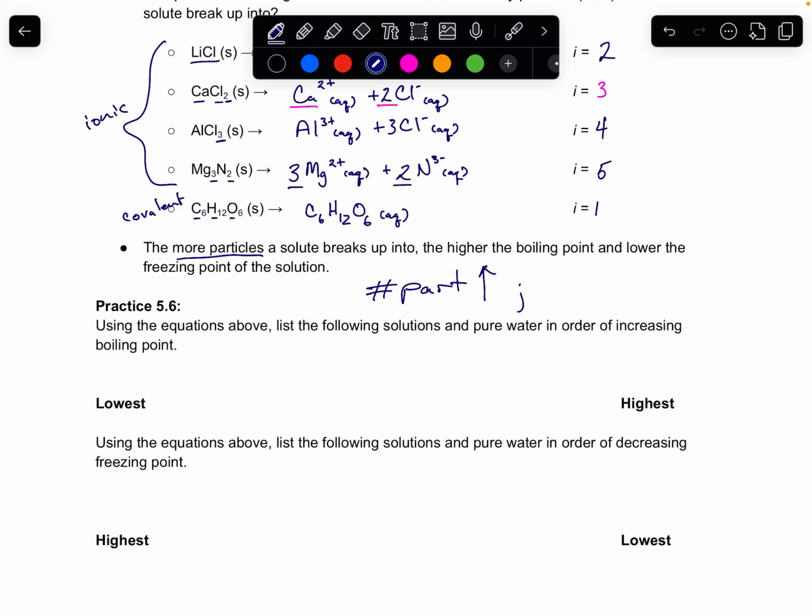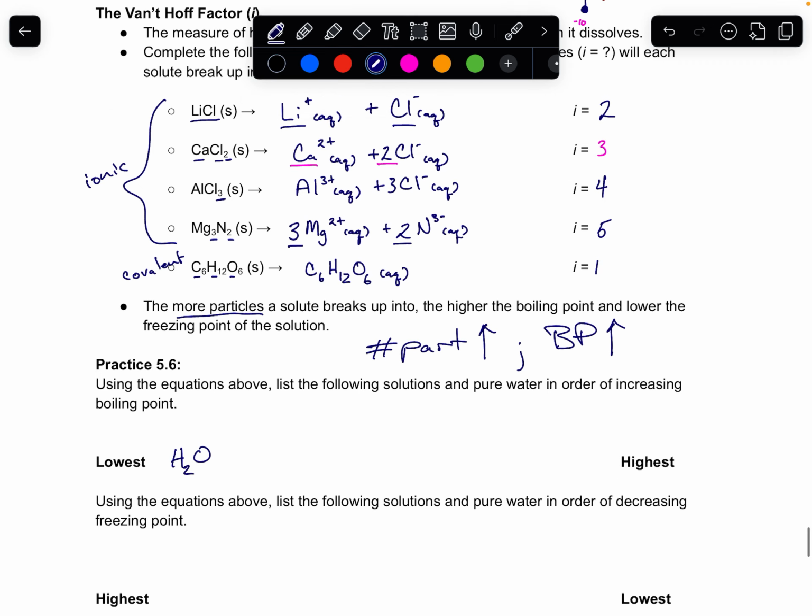Okay, so remember, as my number of particles increases, my boiling point also increases. Okay, if I have just pure water, pure water is going to have the lowest boiling point because I haven't added anything to it, so the boiling point's not going up.